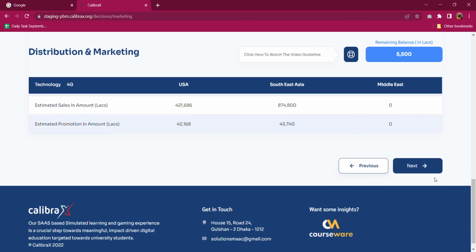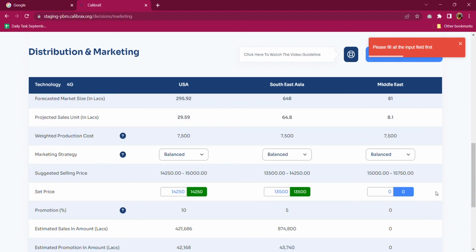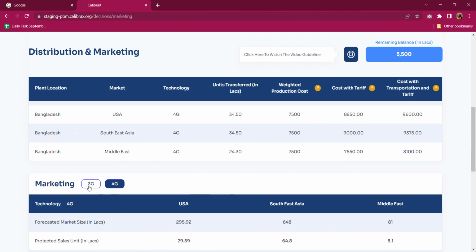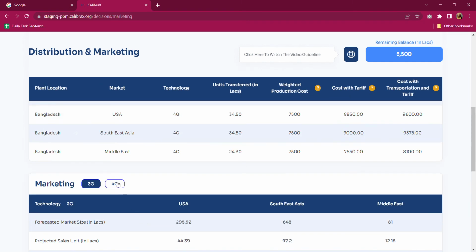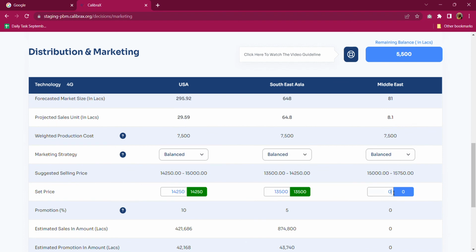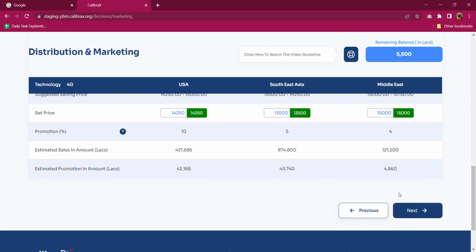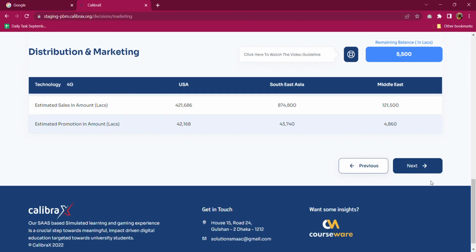If we want to go to the next step, I can't, because we have not filled an input box. So to go to the next step, we need to fill all the input fields for 3G and 4G. After filling the 4G fully, we are going to the next step.